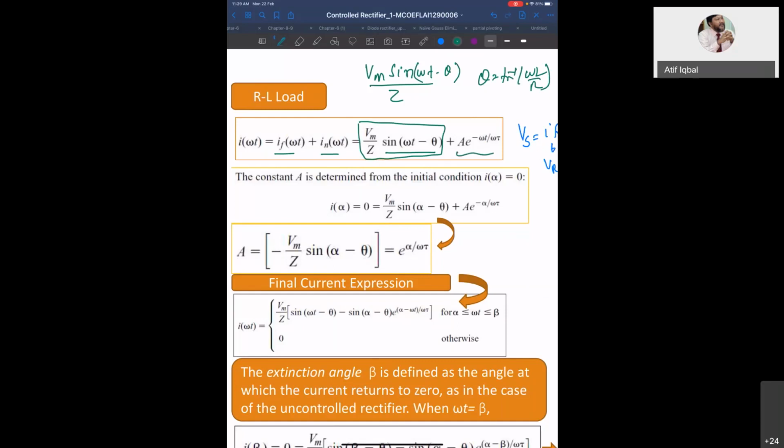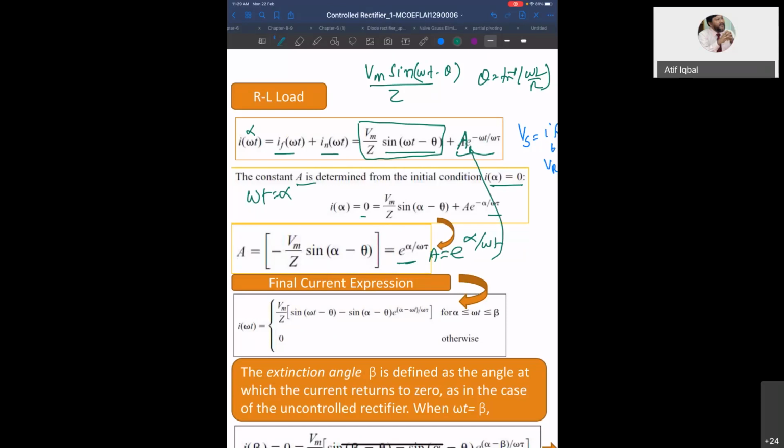But this is your natural response, the transient condition, which is exponentially decaying. Then to find the constant A, we use the initial condition I alpha is equal to 0. When you put alpha in place of omega t and set this equal to 0, you solve and get the value of A. Now you put this back here.